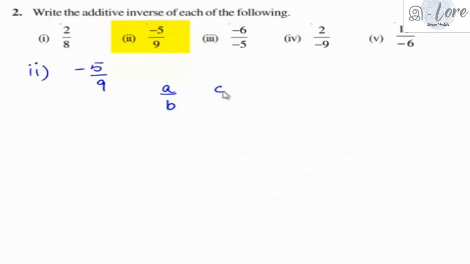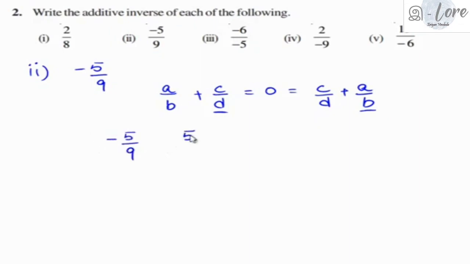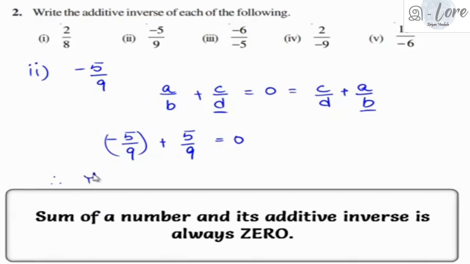As the same, for every rational number A by B, there exists another rational number C by D such that A by B plus C by D gives the answer as 0, which is equal to C by D plus A by B. Here C by D is the additive inverse of A by B, and also A by B is the additive inverse of C by D. Therefore the additive inverse of minus 5 by 9 is 5 by 9, because if you add both, you will get the resultant as 0.